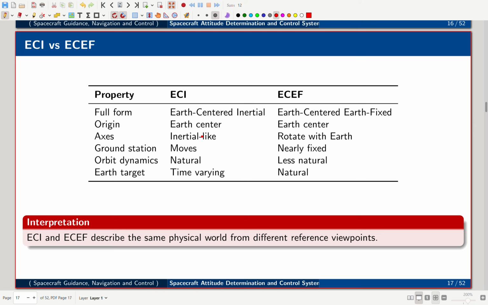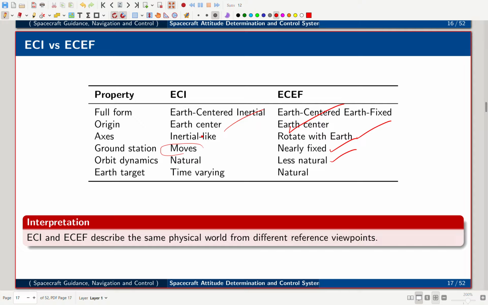So ECI versus ECEF, let us understand. The full forms are Earth-centered inertial and Earth-centered Earth-fixed. The origin is the Earth's center for both. The axes of ECI are inertial, while ECEF axes rotate with the Earth. The ground station moves in ECI, but is nearly fixed in ECEF. So this is very important, depending on where you are observing from, right?